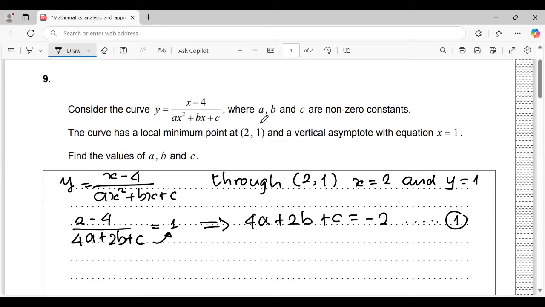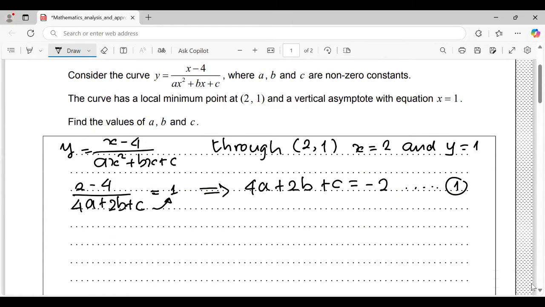Next, this curve has a local minimum point at 2, 1. Local minimum point, this is an important thing. The local minimum we get through dy/dx equals 0.